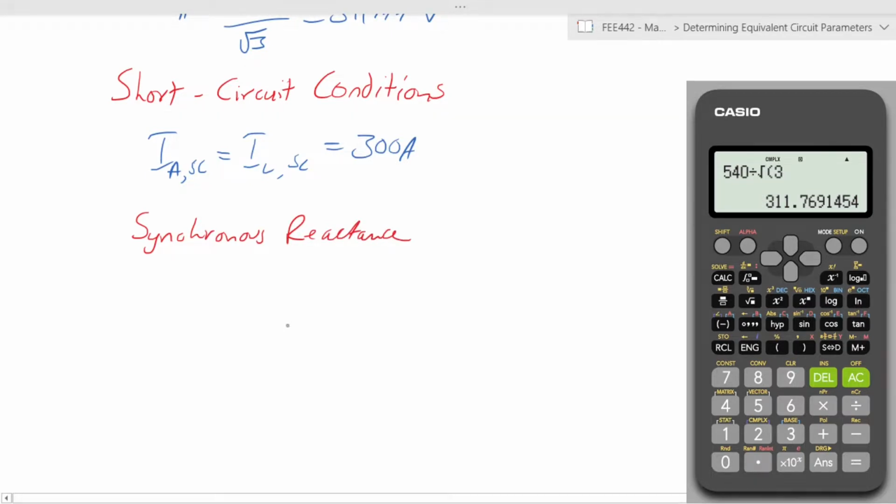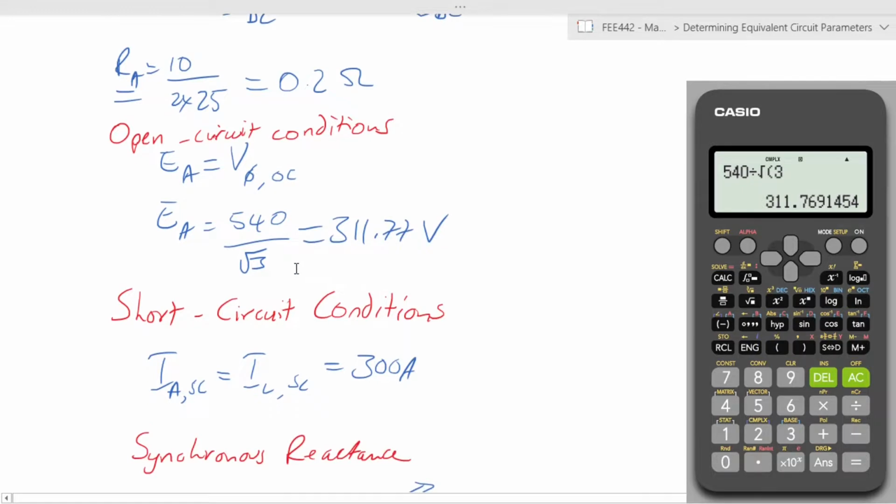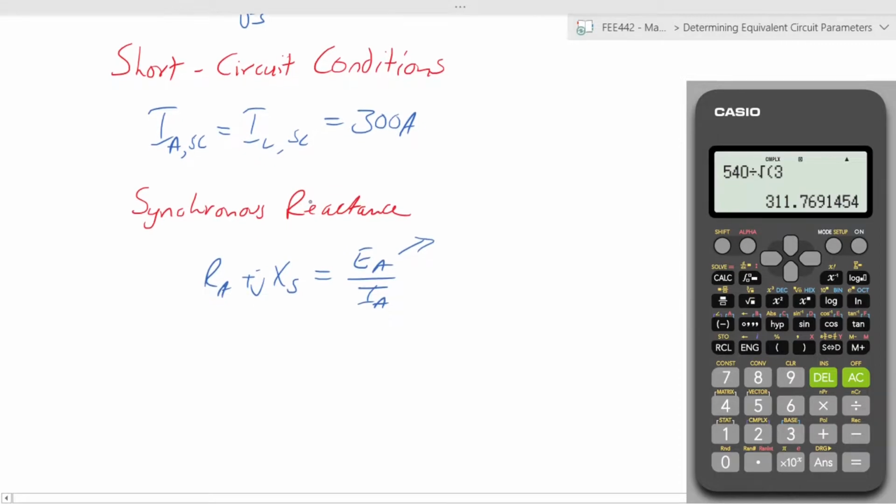Okay. So we said that RA plus JXS is equal to EA over IA. Remember, EA was found from the terminal voltage in open circuit conditions, which is there, right? So we already have a number of these. To make it simpler, let's do the magnitudes.